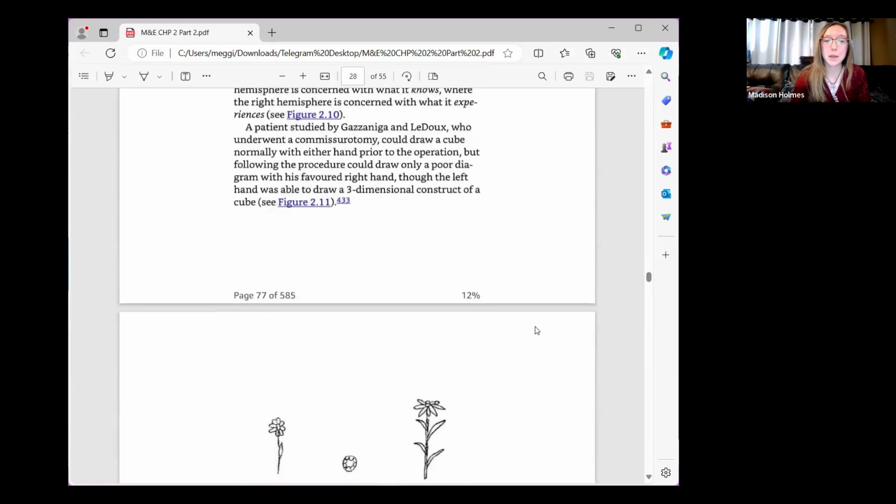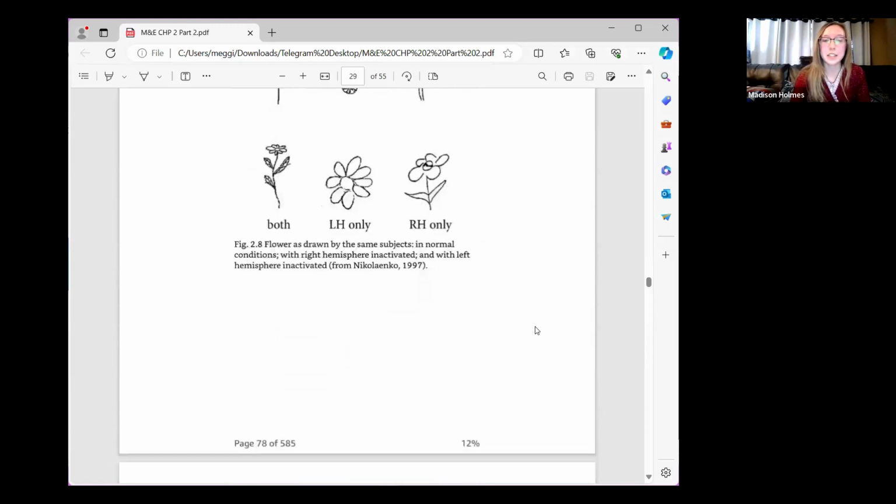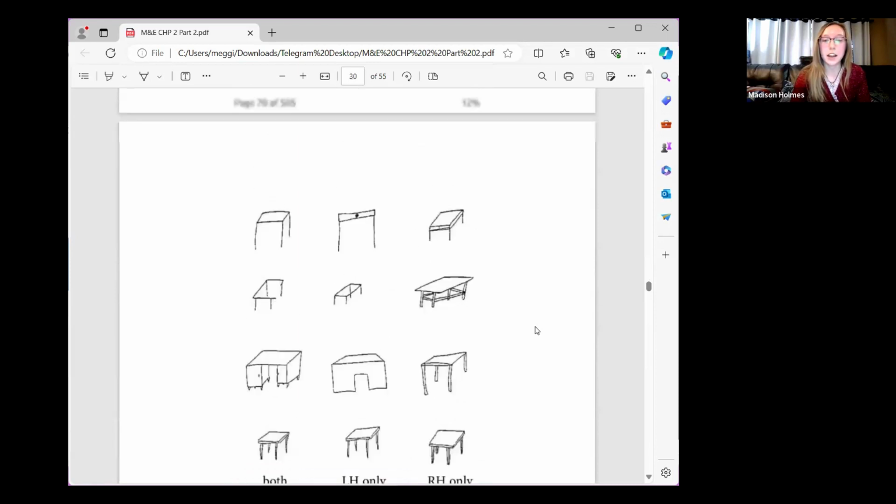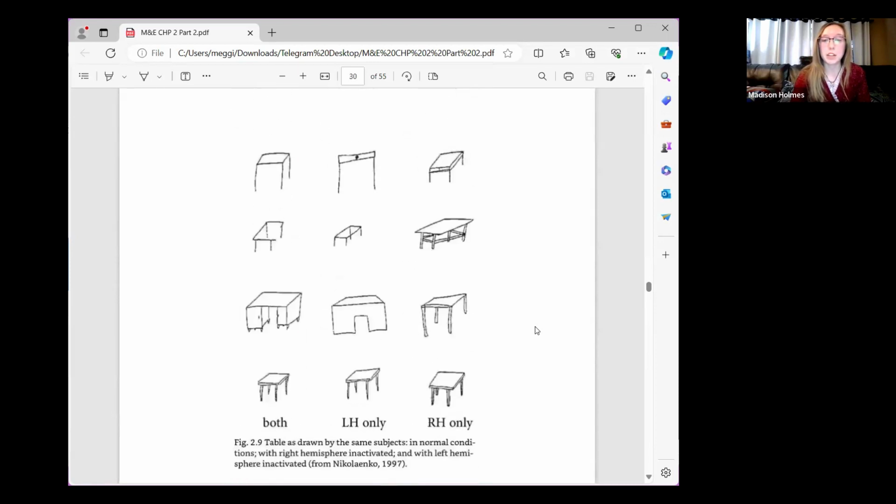There are some examples that he gives, but this is a little bit easier, just because they give the patients examples of a table. So these are tables as drawn by subjects. This is in normal conditions when both hemispheres are working. This is when it's their left hemisphere, and this is their right.